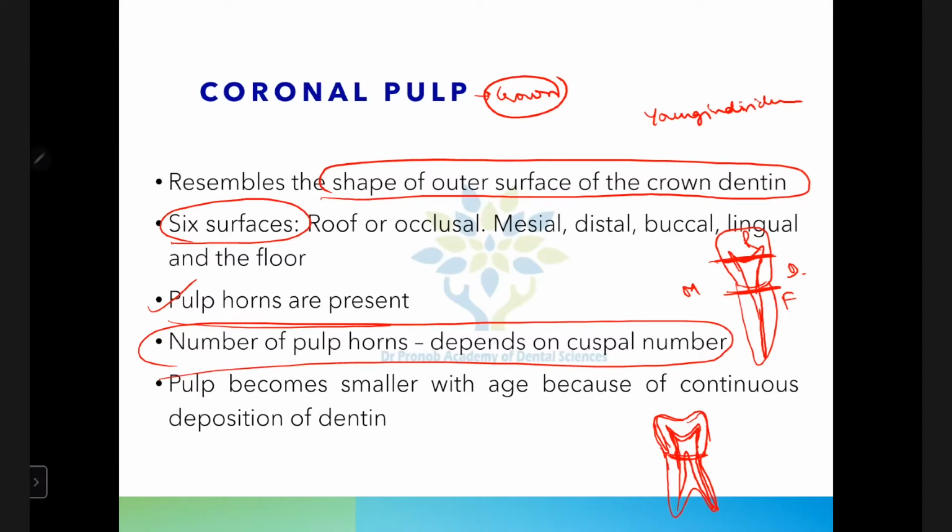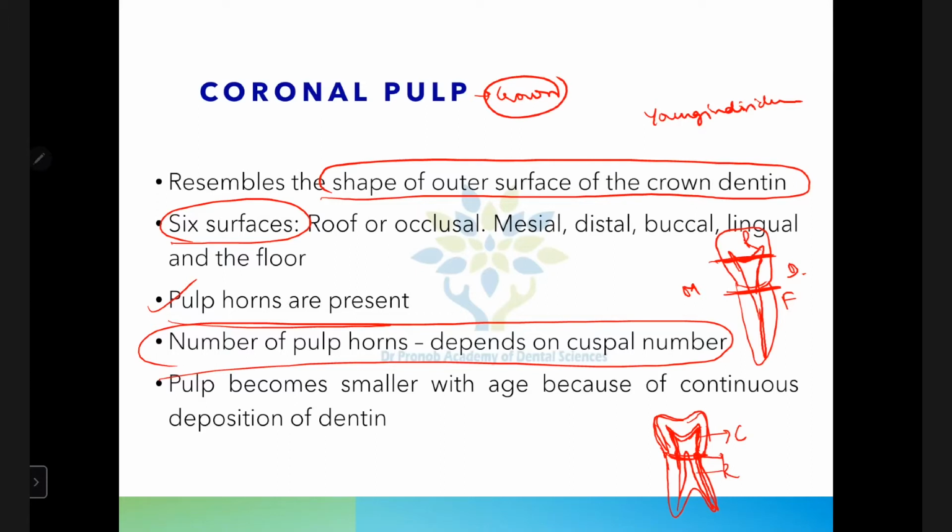And then here the coronal pulp is now joining the radicular pulp. As the coronal pulp moves towards the root surface, it is constricting at one area, just like how the crown is getting constricted, the pulp organ is also getting constricted. And then the coronal pulp is joining the radicular pulp.